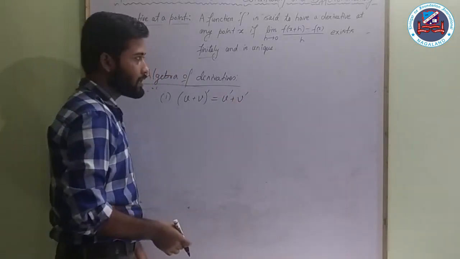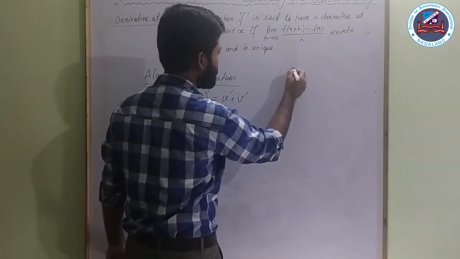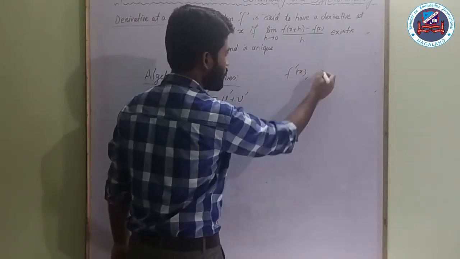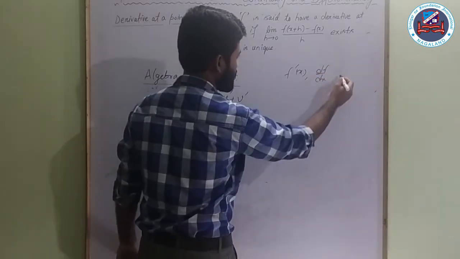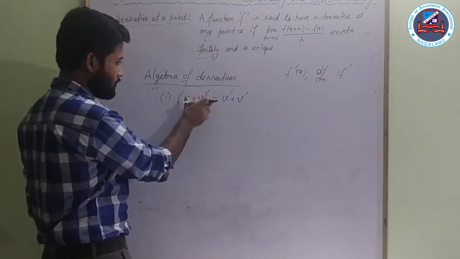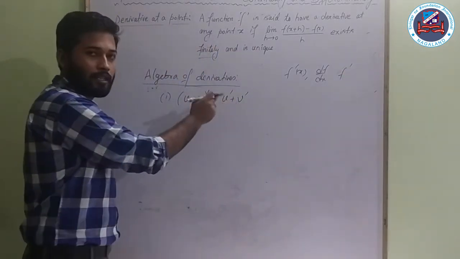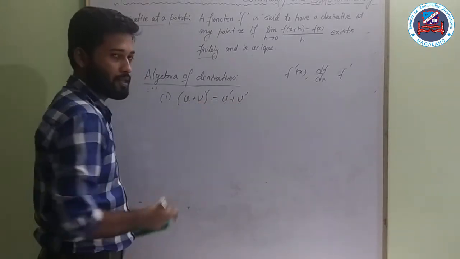What are u' and v'? A derivative can be represented as f'(x), or as d/dx of f, or sometimes we denote it by f'. Similarly u' represents the derivative of u, and v' the derivative of v, and this is the addition of both.